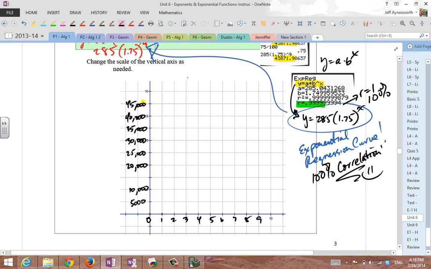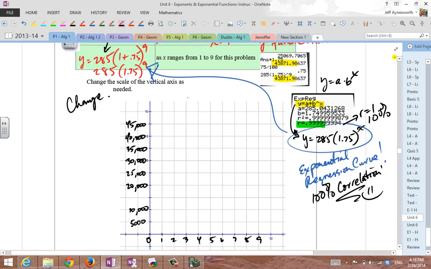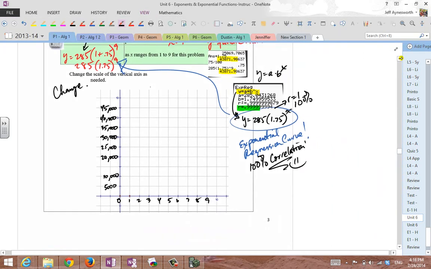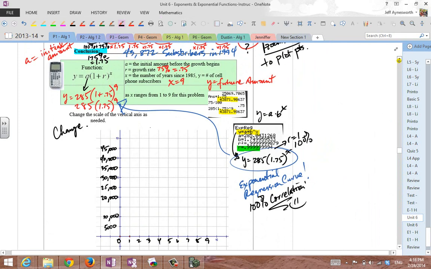So if you change the scale, then you can plot the data and see what this thing looks like. Let's go ahead and do that, because that's something you need to be able to do. Let me zoom out so I can see the points here.